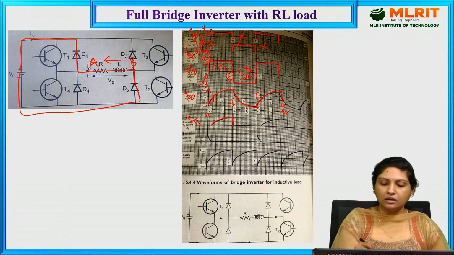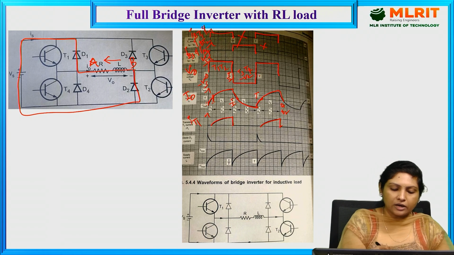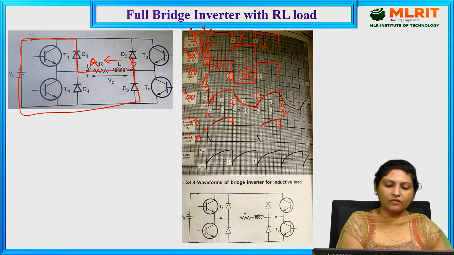And again when T1, T2 are conducting, we will get the output current waveform across transistor 1. And this is the current waveform for ID1. When diode 1 is conducting, we get the waveform. Again, when diode 1 is conducting, we get the waveform.